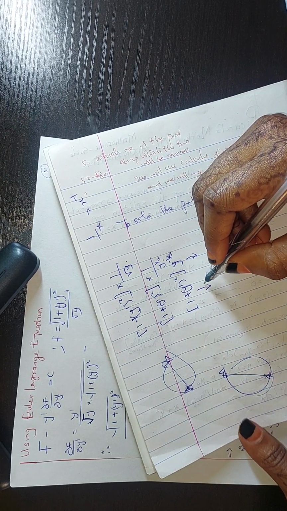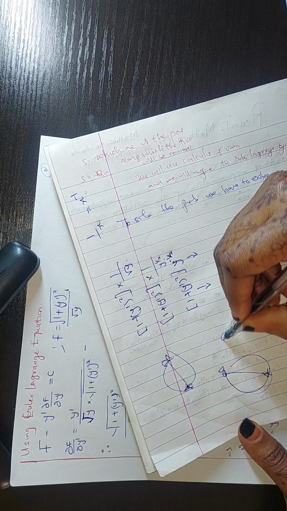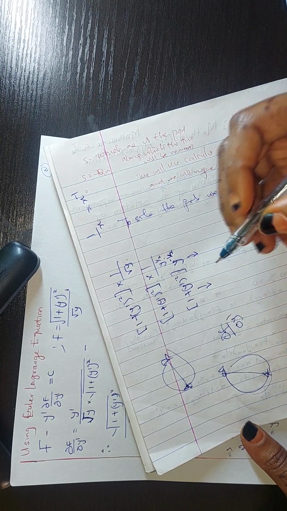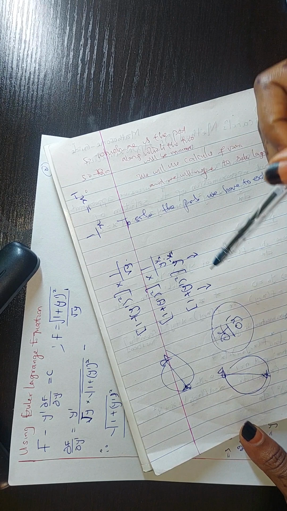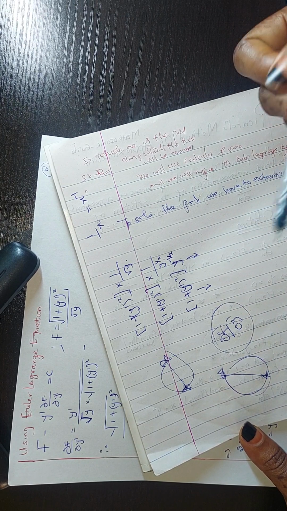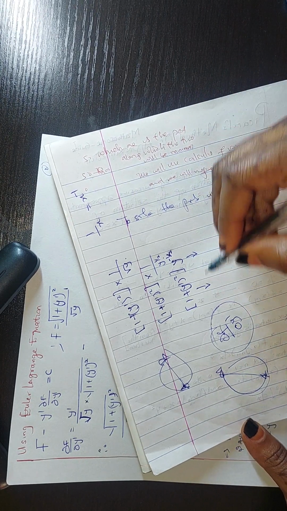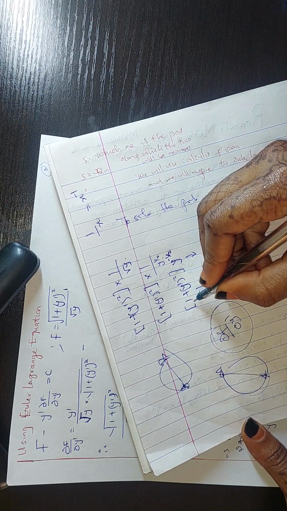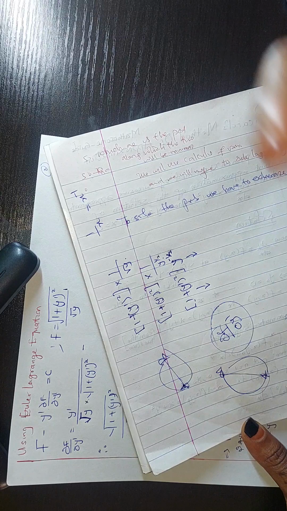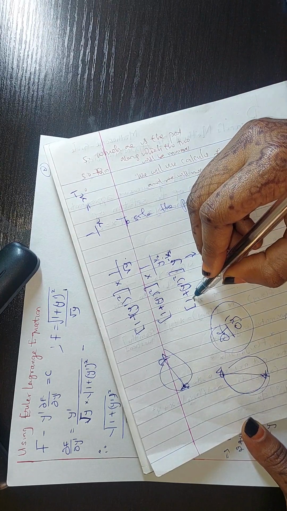So I'm looking for di f di y prime, so I'm differentiating partially with respect to y prime. Anywhere I see anything that is not y prime, I call that a constant. So if I differentiate 1, a constant, it gives me 0.